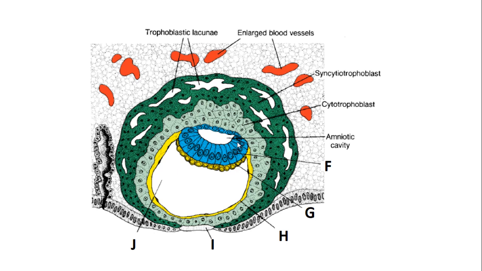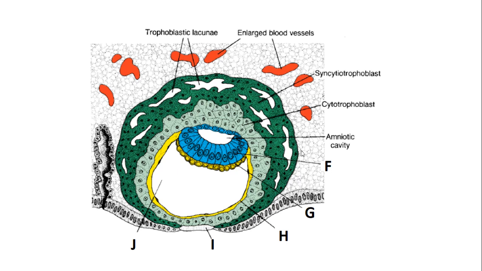The epiblast will continue dividing to produce a cavity known as the amniotic cavity, and this amniotic cavity gives a name to the cells which are near the cytotrophoblast, and these cells are known as the amnioblast. But I'm not interested in that because that is not part of this task.